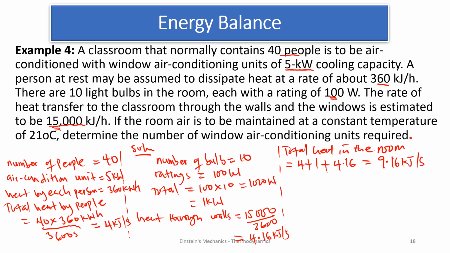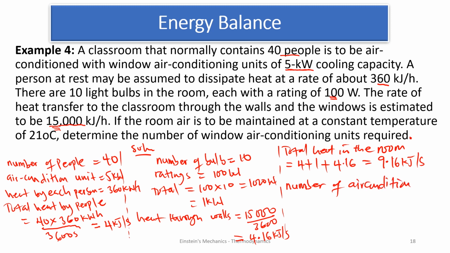And the air condition is 5 kilowatts. So if we buy one air condition, it cannot take care of the heat content. It will be a waste because the air condition has a power of 5 kilowatts and the heat inside the room is 9. So if we want to know the number of air condition to buy to cater for all this heat content, then we have to divide the heat content by the rating of one air conditioning unit.